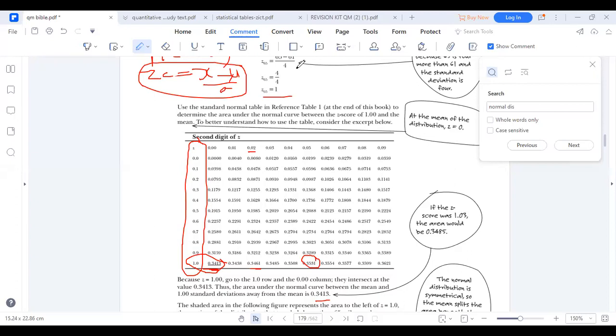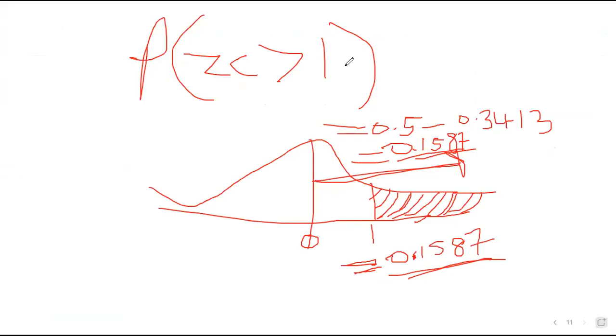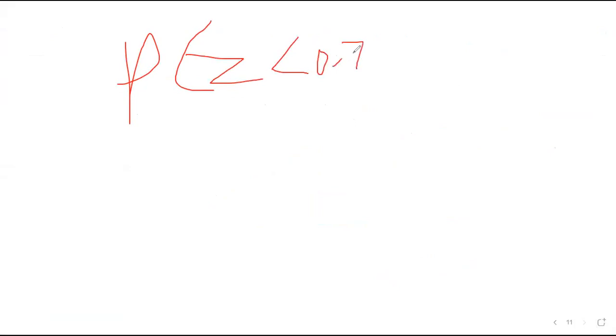For example, the probability that Z calculated is less than 0.75.